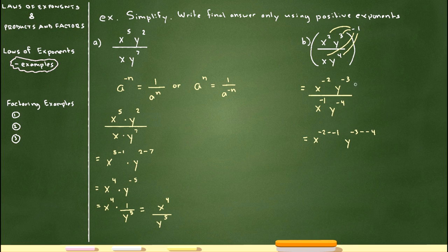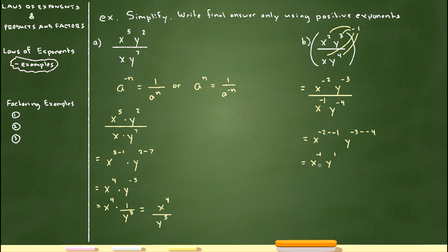That's the quotient rule. It's taking the top power and minusing the bottom power, as long as you have the same base, right? Now this simplifies to x to the negative first, right? Negative 2 plus 1. And then this is negative 3 plus 4, which is positive 1.